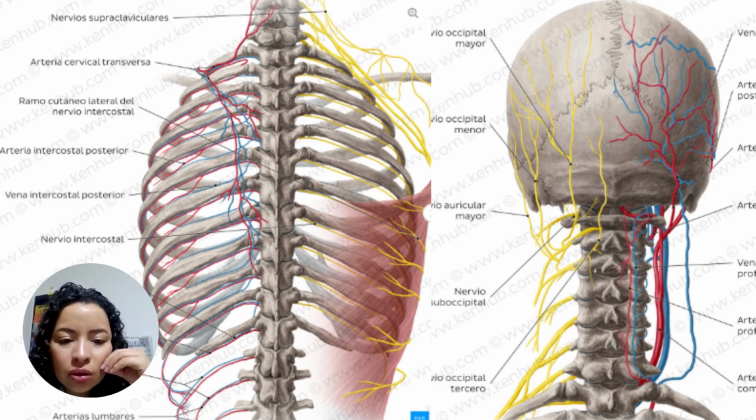The vertebral column is innervated by the meningeal branches of the spinal nerves. These divide into ascending and descending branches that innervate the vertebrae, vertebral discs, and ligaments.